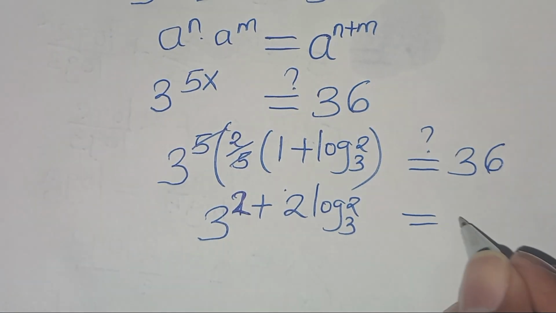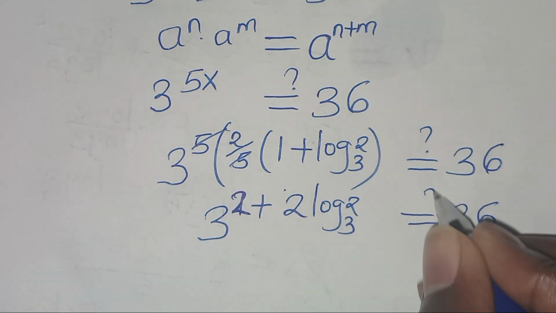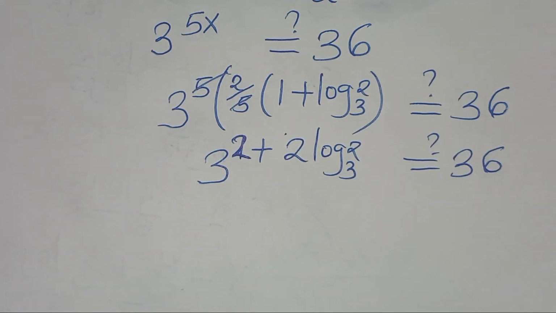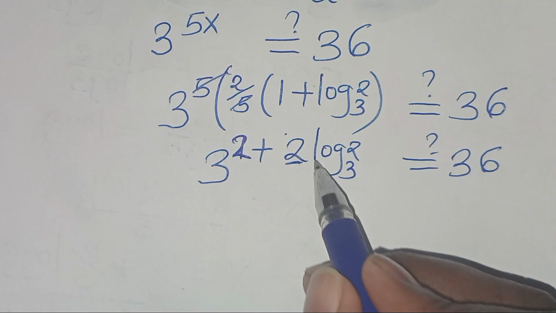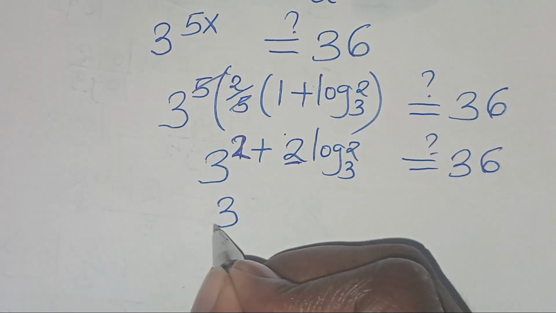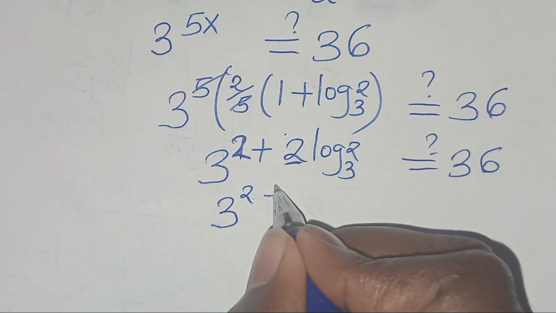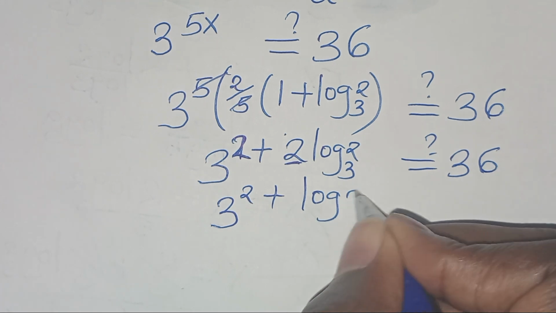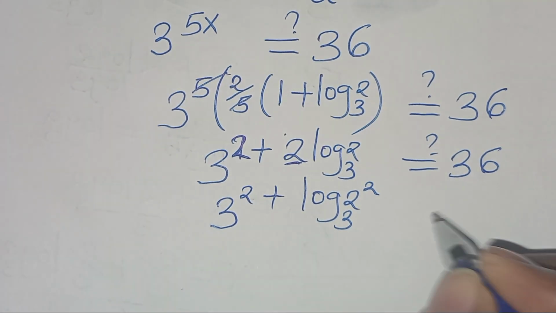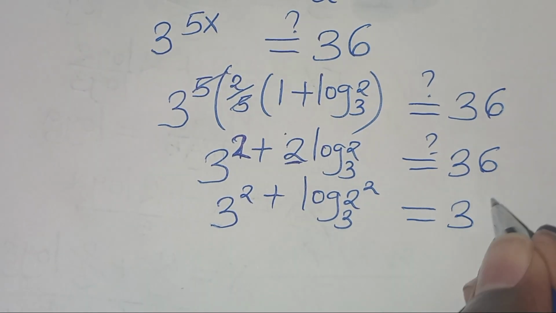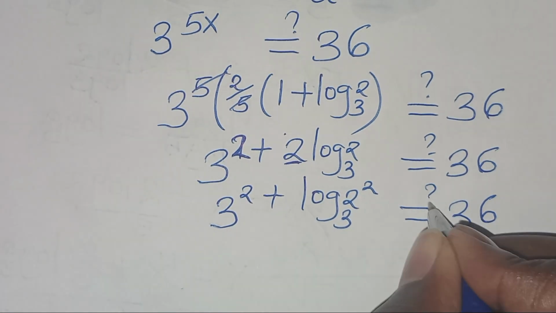Now this 2 is the power, so we can express this as 3 to the power of 2 plus log 2 to the power 2 to base 3. This is supposed to give us a value of 36.